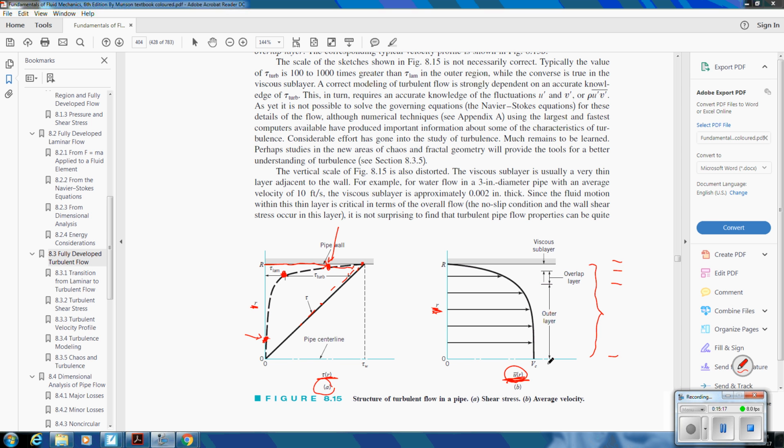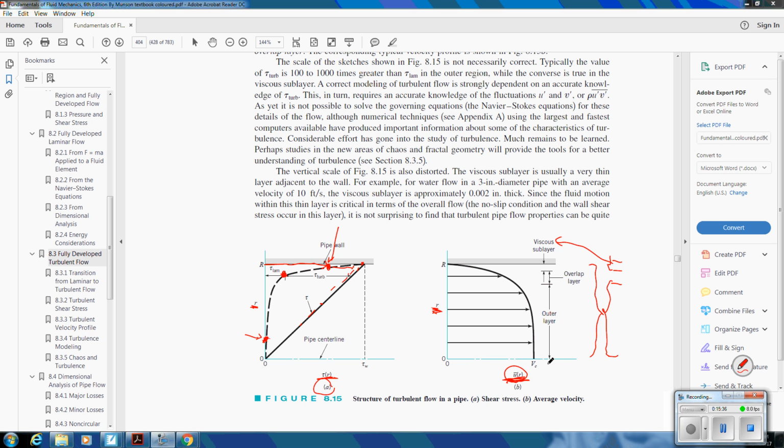The first zone we call viscous sublayer, right? Viscous sublayer is where the viscosity effect is the heaviest. And the outer layer is where the turbulence dominates, and in between we call it overlap layer.